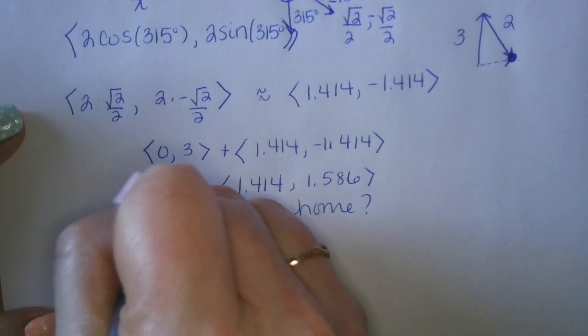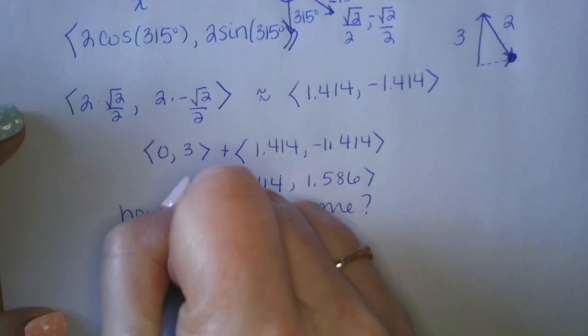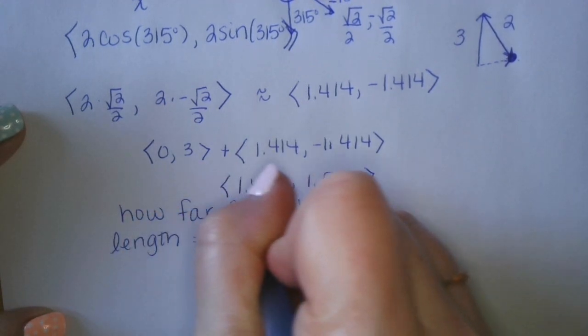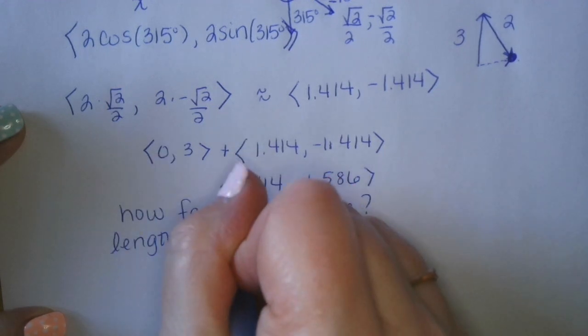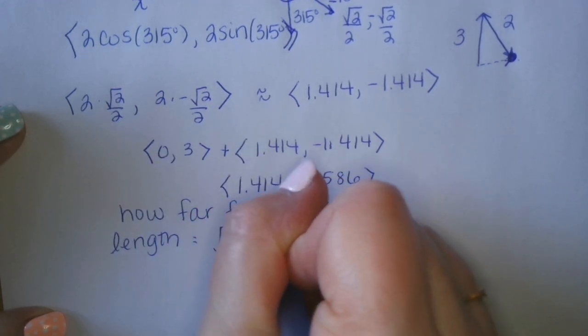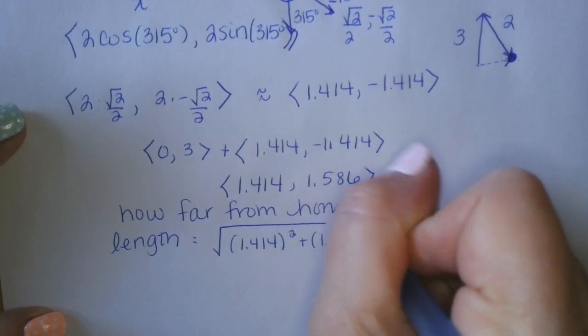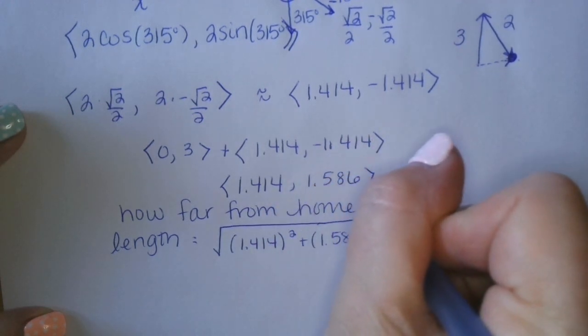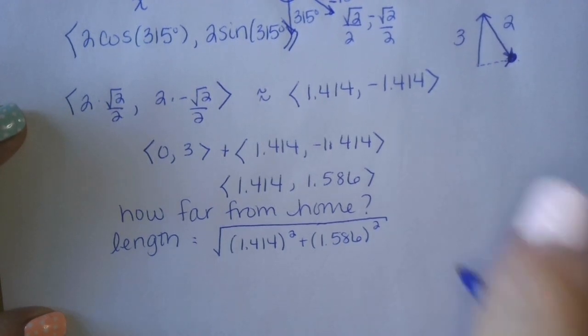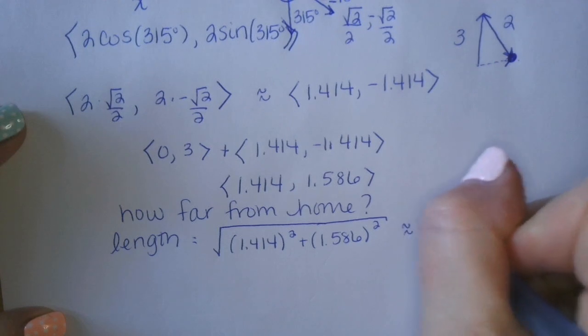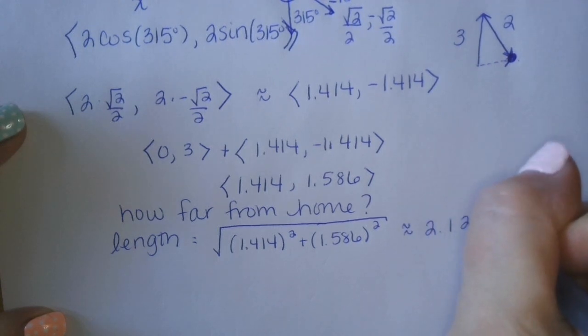So the length of the distance between these would be the square root of 1.414 squared plus 1.586 squared. And this, again, plopping that into our calculator to help us, will be approximately 2.125.